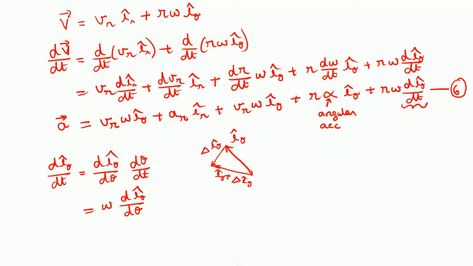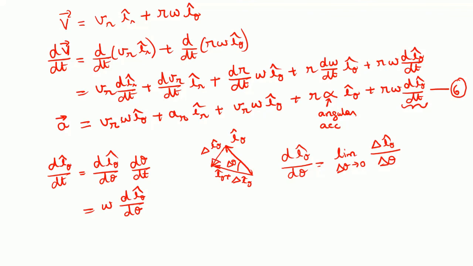Now let us see what is dE theta by d theta. dE theta by d theta can be written as limit delta theta tending to 0 of delta E theta divided by delta theta. Now let us see when this delta theta goes to 0, which is the direction E theta approaches?